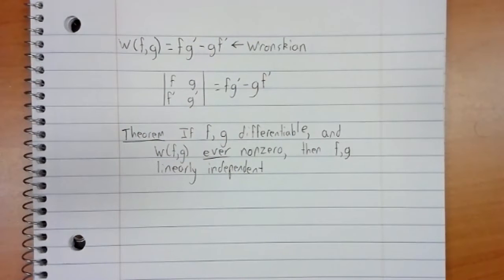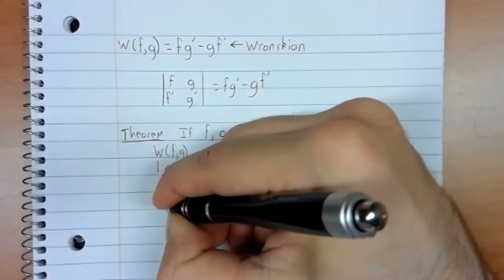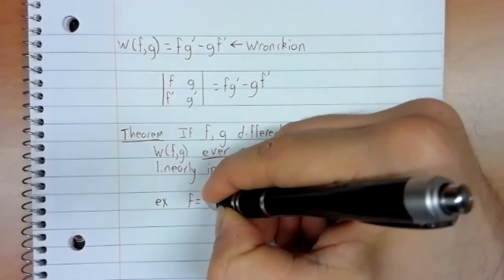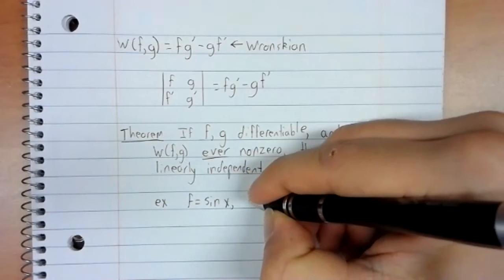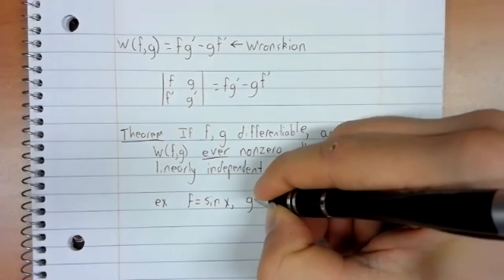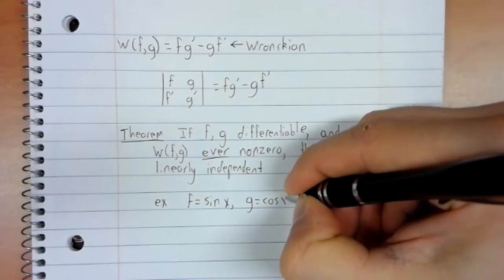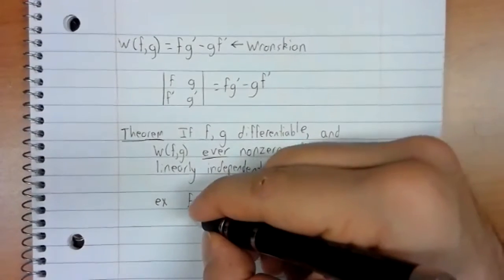For example, let f be the sine of x and g be the cosine of x.